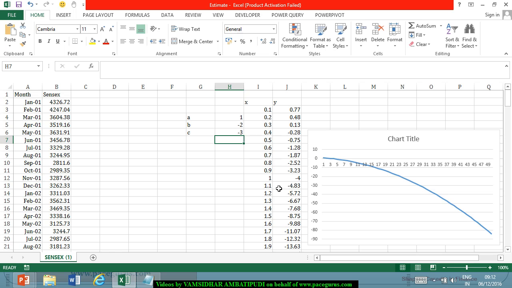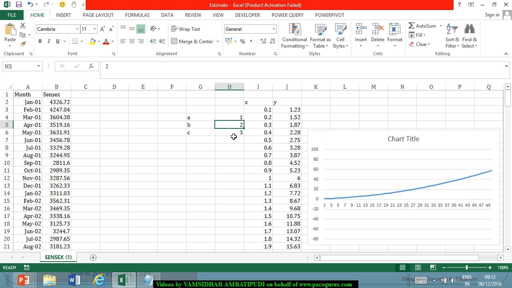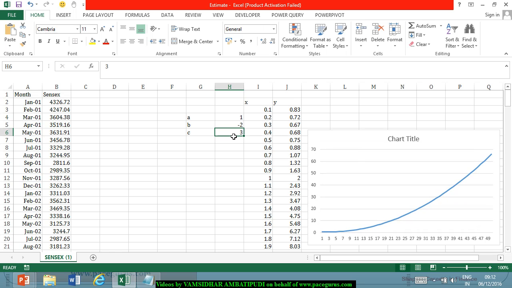But if one of them is positive and the other one is negative, let's say b is positive and c is negative, some kind of a U shape is bound to occur, though we are not able to see it clearly out here. One is positive, the other one is negative, it's a U shape that is going to occur. In some cases it's a U and in some cases it's going to be an inverted U. But that's not an increasing or a decreasing kind of a trend.